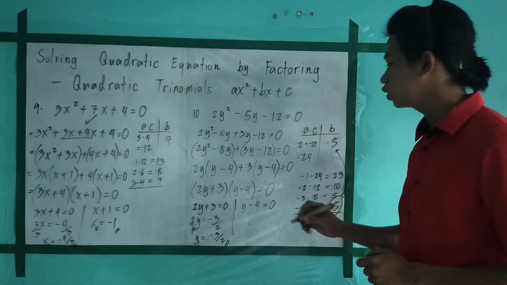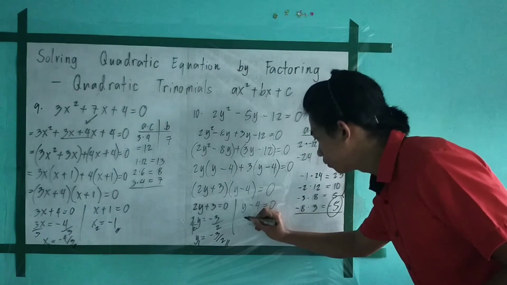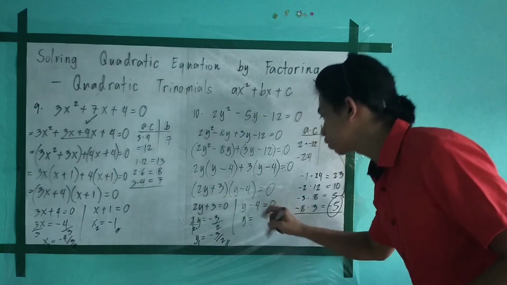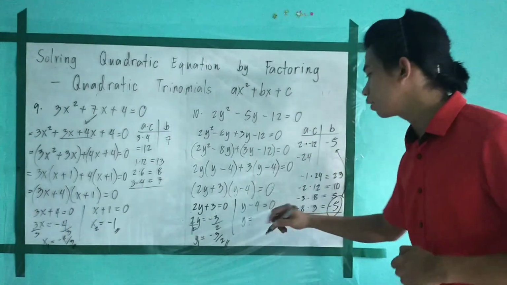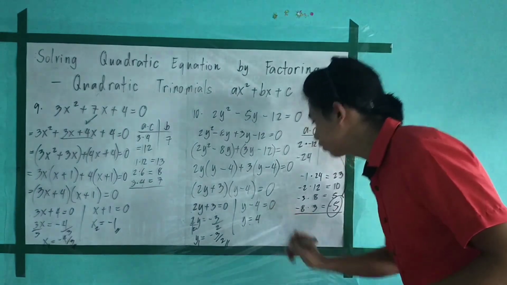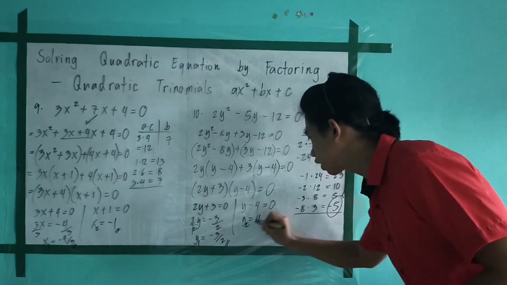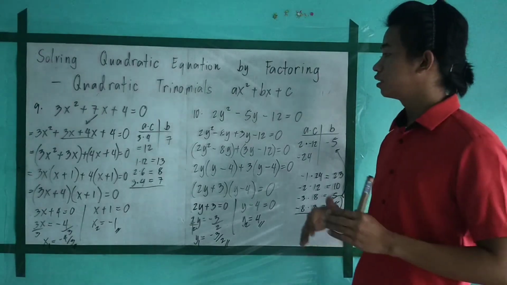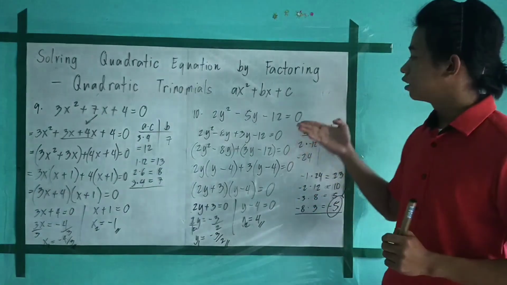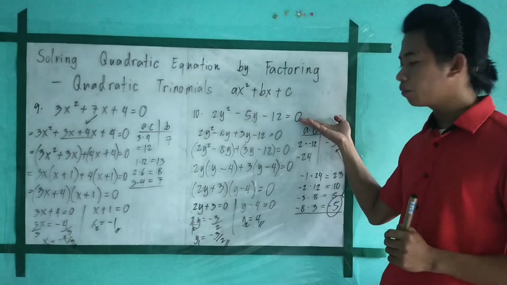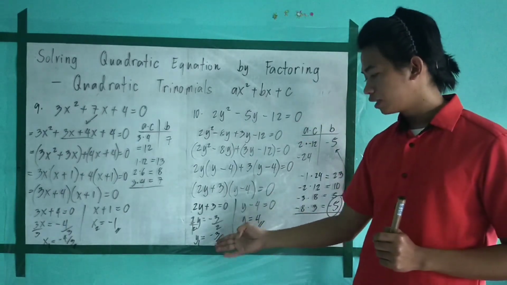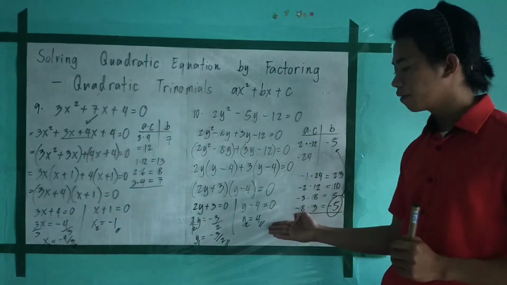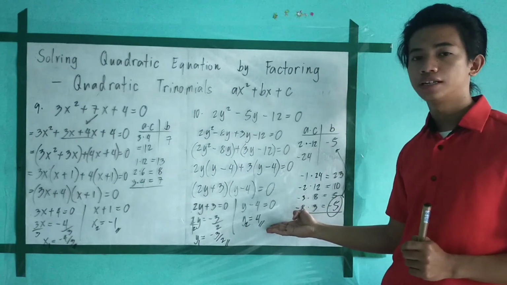Next, for the second solution, we have y minus 4 is equal to 0. Transpose natin magiging positive 4. So, our y sub 2 or the second solution is equal to positive 4. Therefore, the solutions in this given problem are negative 3 halves and positive 4.